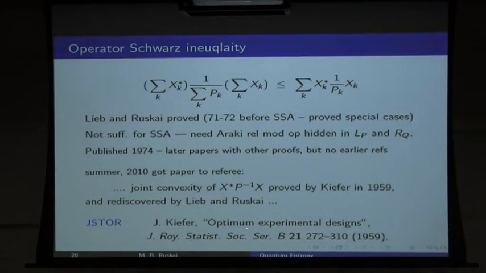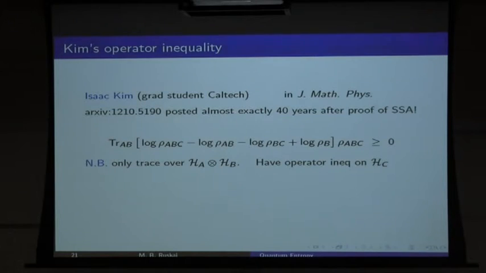And I went to JSTOR, and indeed, Kiefer proved it in 1959 in a paper in the Journal of the Royal Statistical Society on experimental design. And we have been talking to people in matrix theory, people in operator algebras, but Kiefer in 1959 already knew it. So it wasn't a new theorem. We just didn't know it wasn't new.